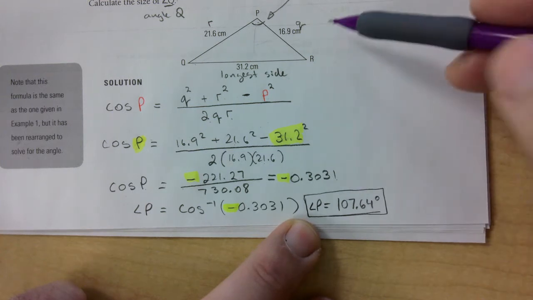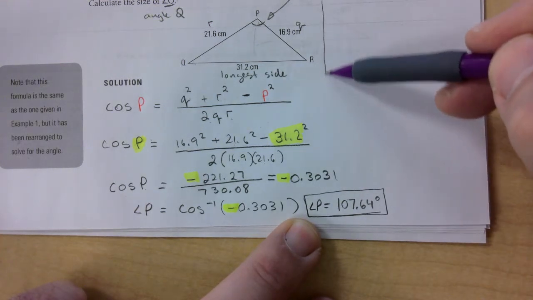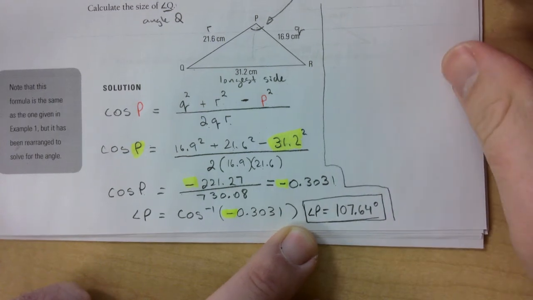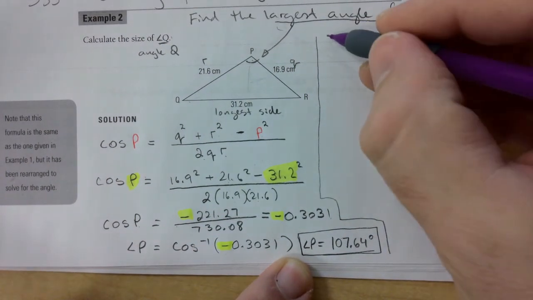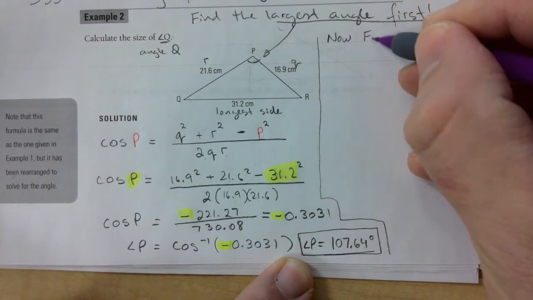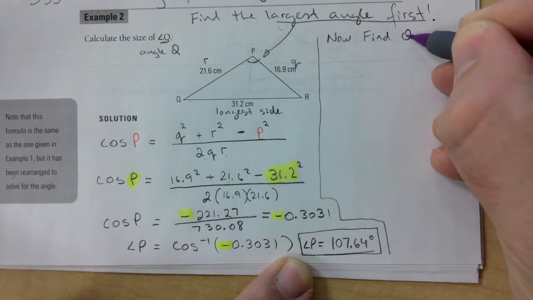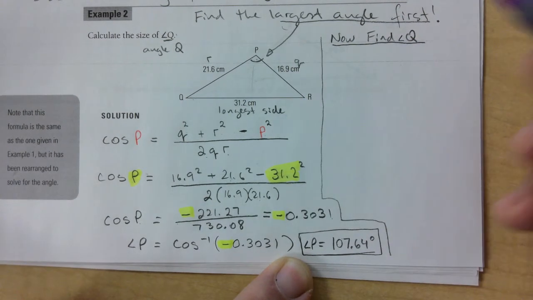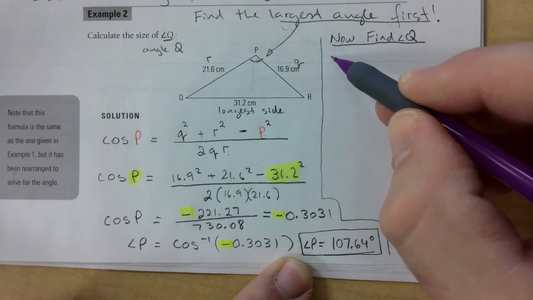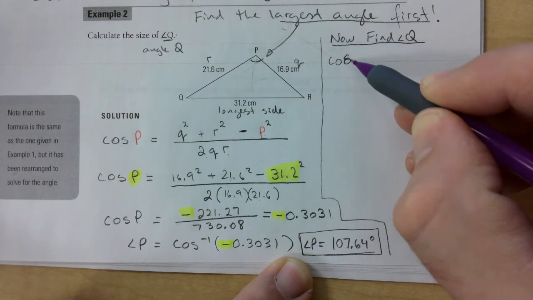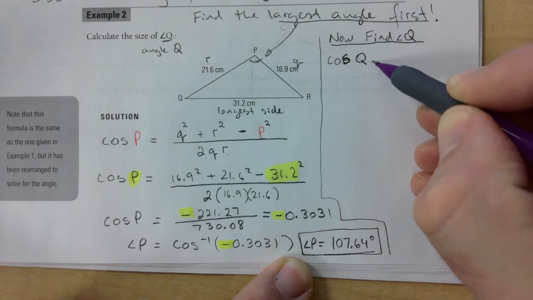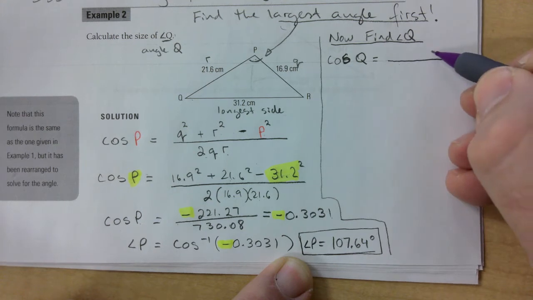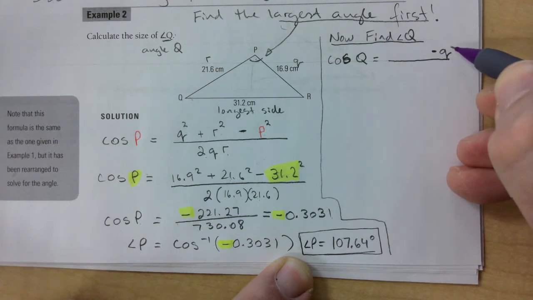Okay. Now we still have to find Q. Right, angle Q. So we would say cosine of Q would be, I don't care what comes up front, but I know I have to go minus Q at the end.